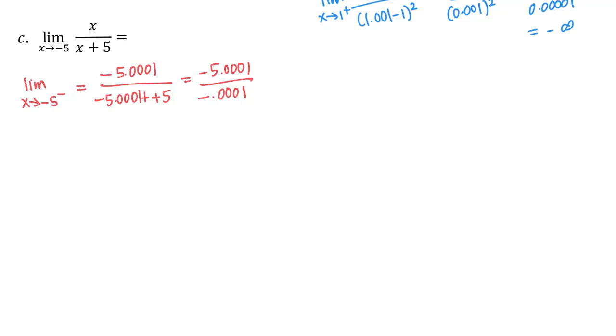So I have kind of like a negative 5 divided by negative 0, which is going to give me a positive infinity. Okay, now let me consider it approaching negative 5 from the positive side.